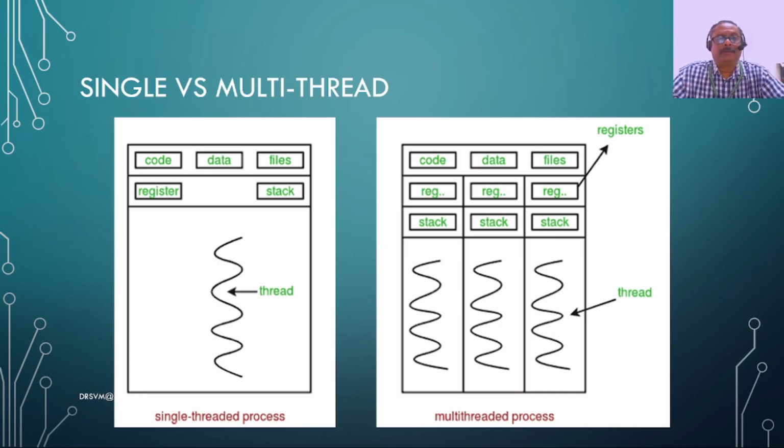In the single thread system, the code, data, files, register and stack are all one set, whereas in a multi-thread system there is only one set of code, data and files, but the registers, stacks and program counters are multiple, one for each thread. So that's what a multi-thread system looks like.